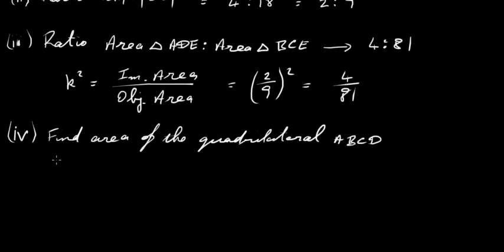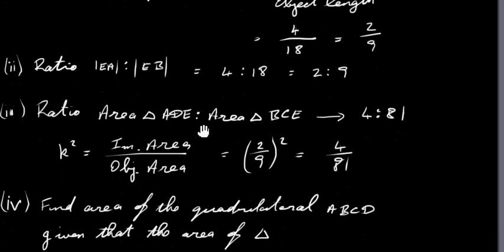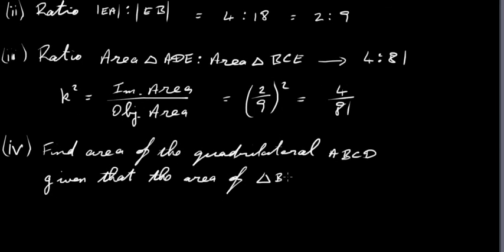So find the area of that quadrilateral given that the area of triangle BCE, the object area, is 202.5 centimeters squared.